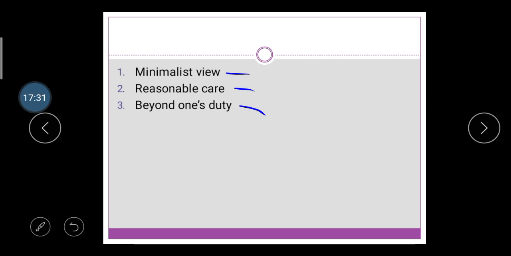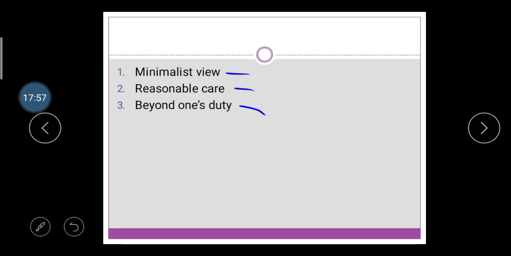It means that for the duties assigned to them, they have to do their duties and also try to develop new innovation. So in reasonable care there is a limited area in which they work as an engineer, but in beyond one's duty they have to try to develop new duties and new ideas for the country and for the organization.